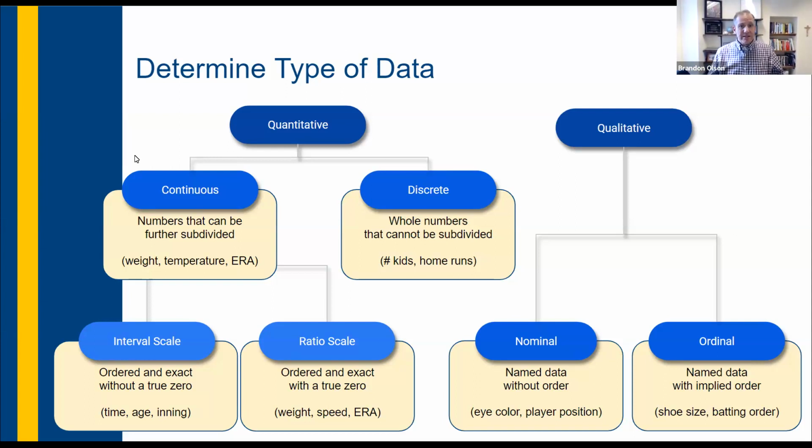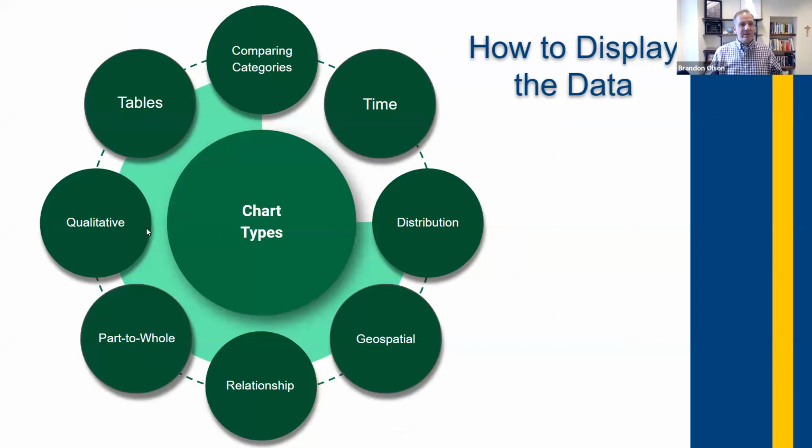All right, so next, how to display the data. There are different considerations that are going to lead to the type of plot that we should be looking at. So do we want to compare different categories? Are we looking at variables over time? Maybe the distribution of a variable, perhaps geospatial data, or relationships between two variables, or a part to a whole.